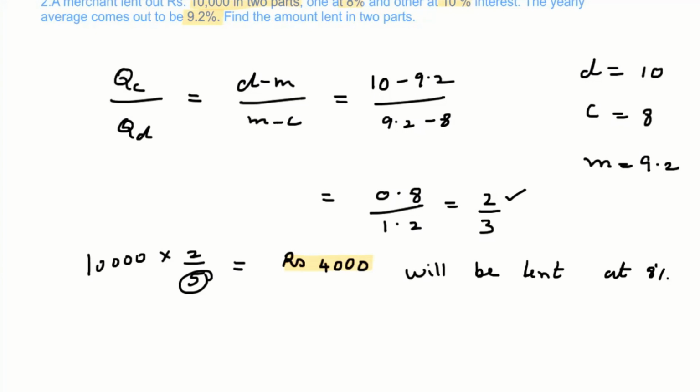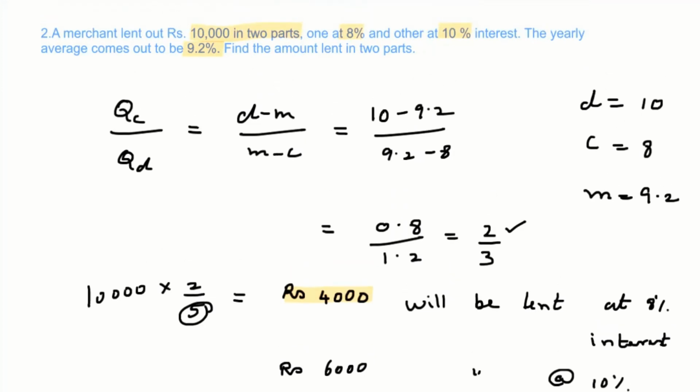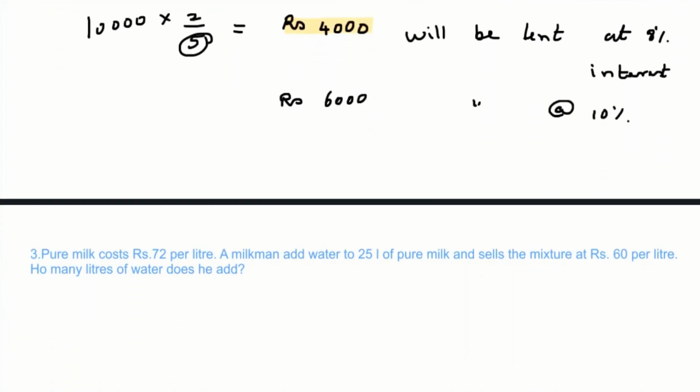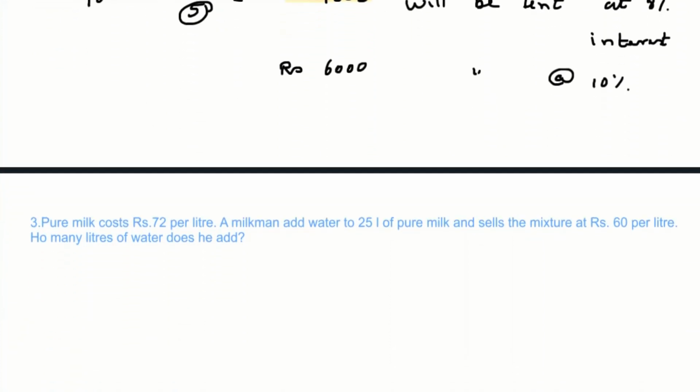Do you understand? And 10,000 is the total. So 10,000 minus 4,000, rupees 6,000, will be lent at the rate of 10% interest. So again make use of the formula, quantity of cheaper by quantity of dearer. Again you should be able to know what is dearer, cheaper and the M value. That is all.